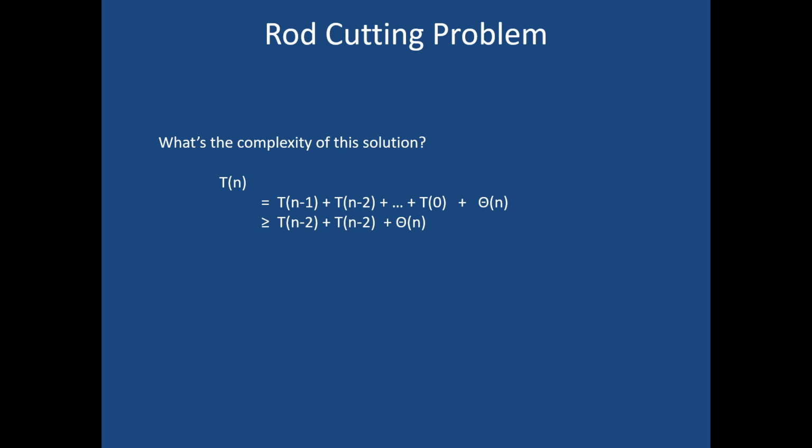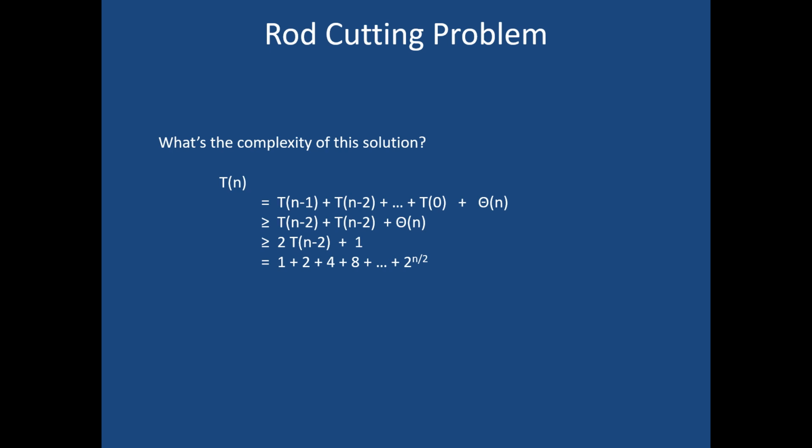This is bad enough, but it's even smaller than that. I'm just saying T(n) is greater than or equal to T(n minus 1) plus T(n minus 2) plus theta of n. I threw away some of the terms. I'm just saying, suppose you just make 2 recursions. Then I threw away the theta of n and made it 1.